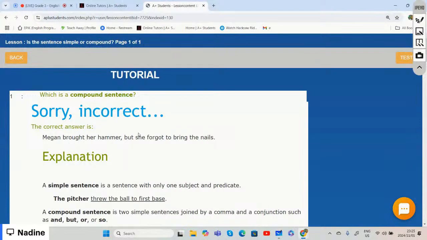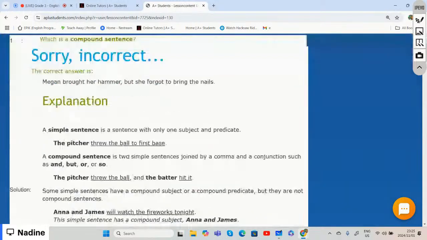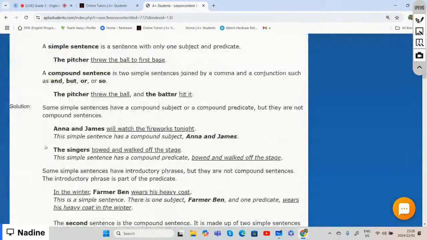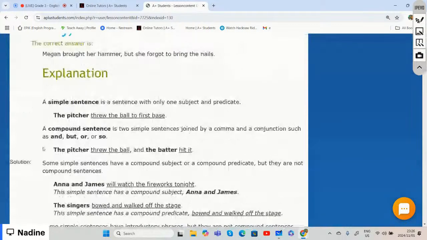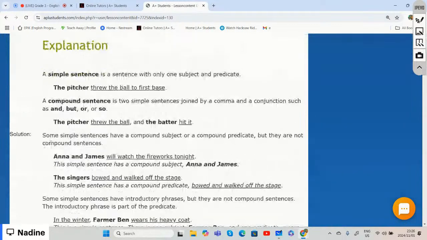So we're going to say whether the sentence is compound, because remember we already went over what a simple sentence is as well as a compound sentence. A simple sentence is a sentence with only one subject and one predicate.